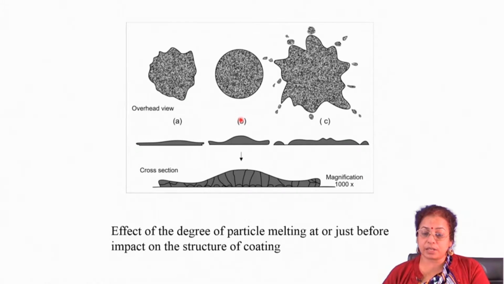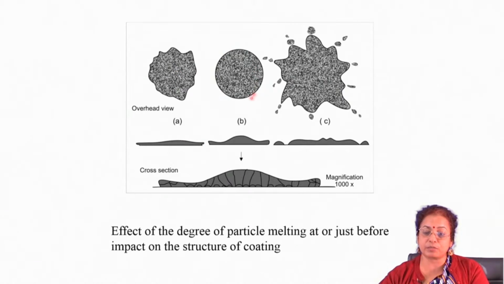Now, if you look at the effect of particle melting before it forms the coating, you will find that if the particle is not in a molten state, then naturally it is laid over the surface with minimum thickness, because only whichever part of the particle is in molten state touches the substrate and gets overlaid, but the inner part which is not molten cannot stay, it flies away.